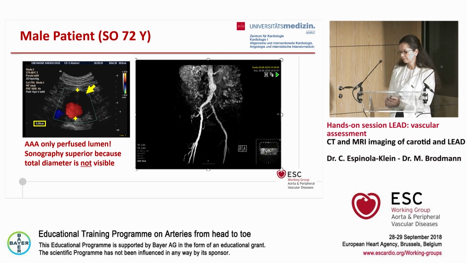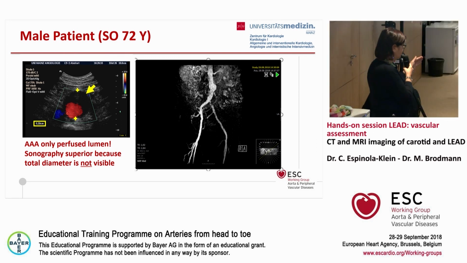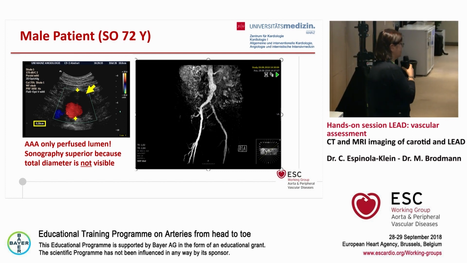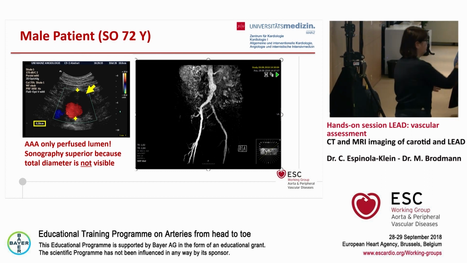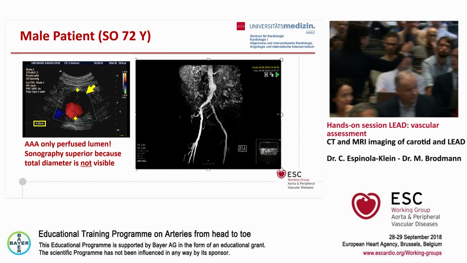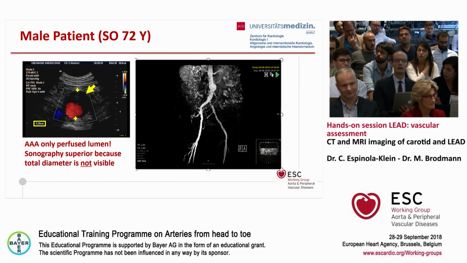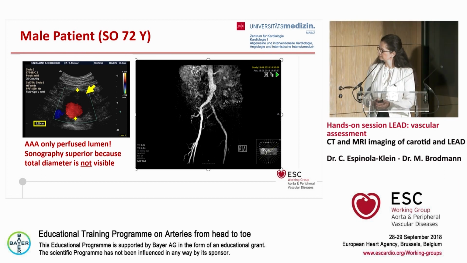So who would go for just a sonography, and who would do a CT scan? So who would do a sonography? Sonography, we have already done the sonography. Yeah, but just to add the final lumen, just to give the surgeon an insight, and what will also be better for the follow-up.